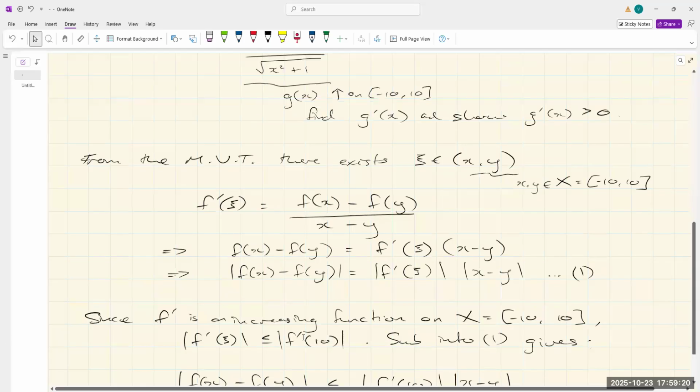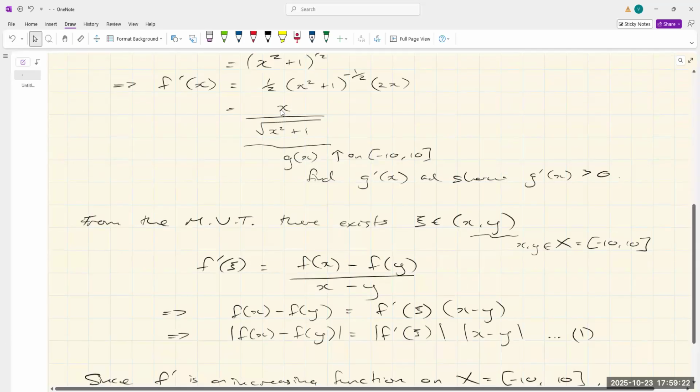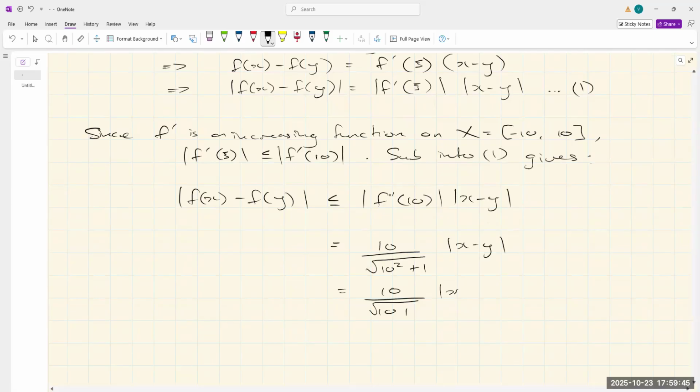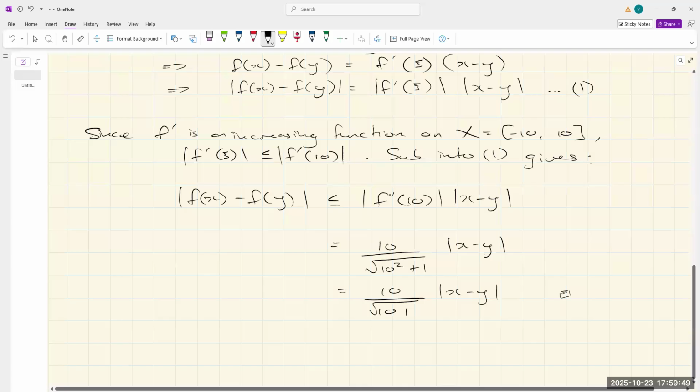Well, we worked that out earlier. F prime is x over square root x squared plus 1. So f prime of 10 is 10 over square root 10 squared plus 1, and this is 10 over square root 101 times mod x minus y. So that's what we wanted to prove.